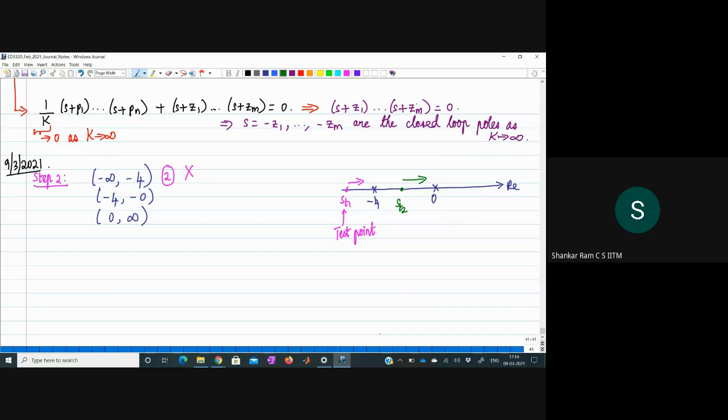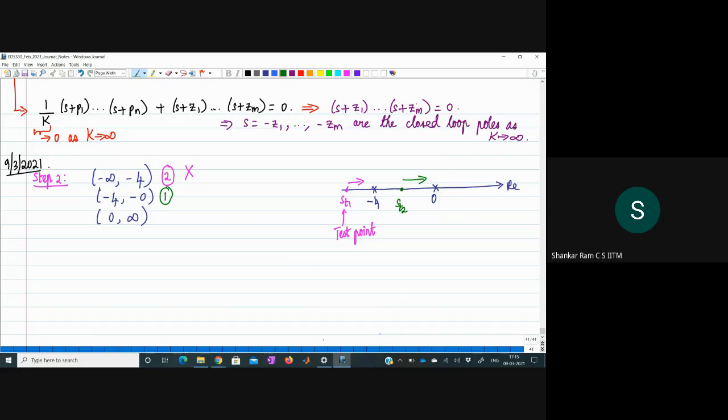So the total number is 1, which lies to the right of this test point. We can immediately observe that to the right of this test point ST2, which lies between -4 and 0, we have an odd number of open loop poles and open loop zeros. So this lies on the root locus. That's what we can interpret.